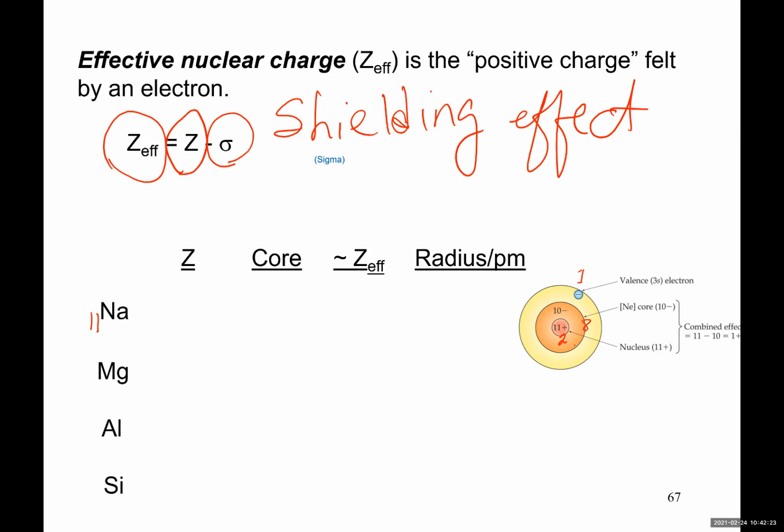So the number of inner shell electrons which are shielding, can I say 2 plus 8? So 10 electrons are shielding this 1 electron from the total charge of 11 by the nucleus. So what is Z? Charge of nucleus.